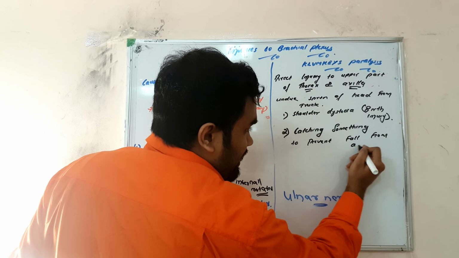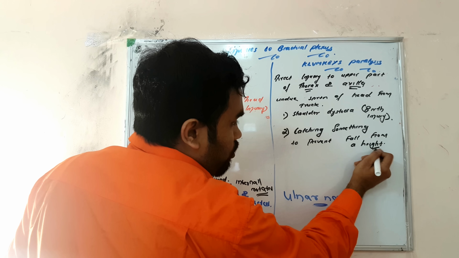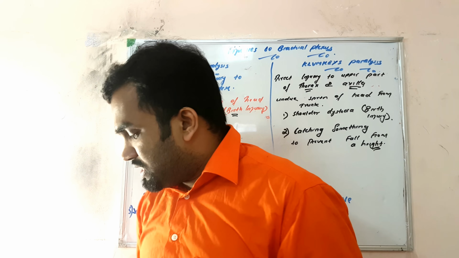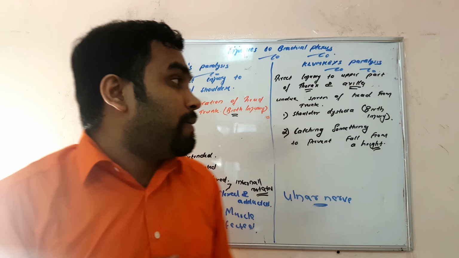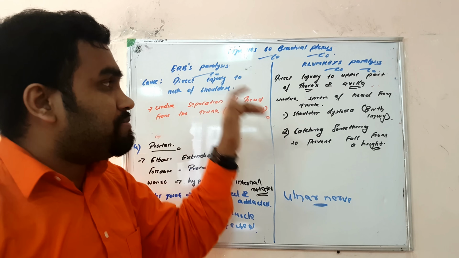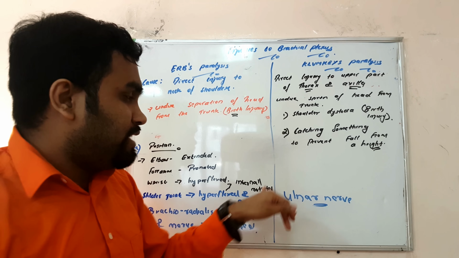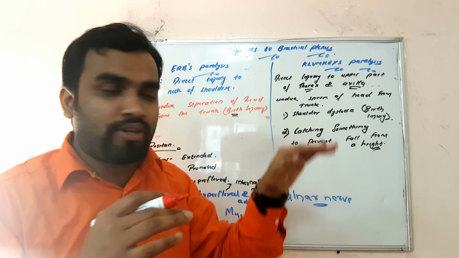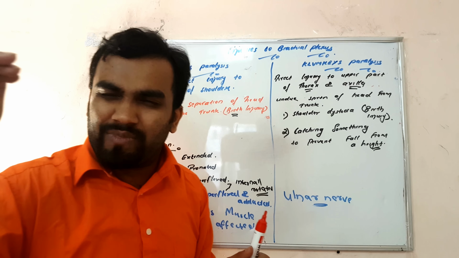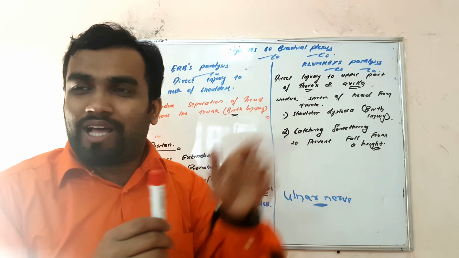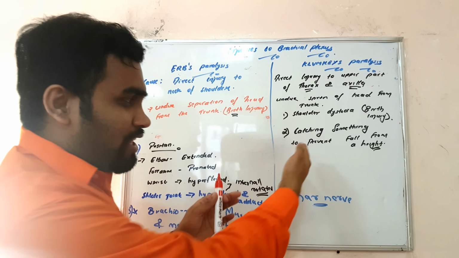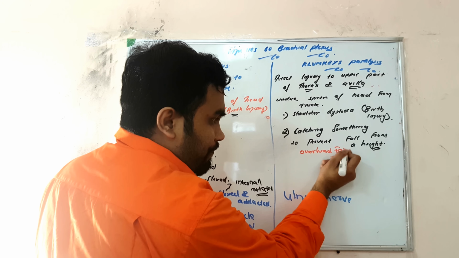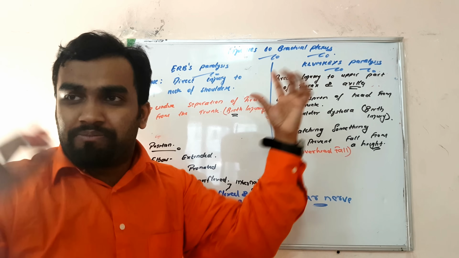Here the common paralysis occurring is Klumpke's paralysis. These are the main differences between Erb's and Klumpke's paralysis. Like on your home terrace, if you are falling from there, you can just hold the slide or the sunshade. That is to prevent the overhead fall. Just imagine, at that time Klumpke's paralysis can occur.